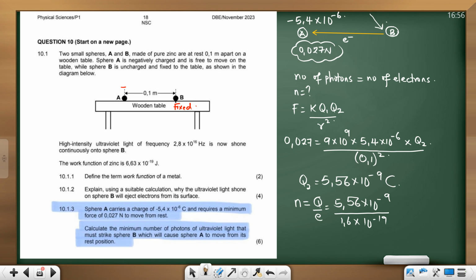Network is a bit bad, so answers are a bit delayed. 3,48. I have 47. I'm seeing 48. Times 10 to the power what? 10 electrons.